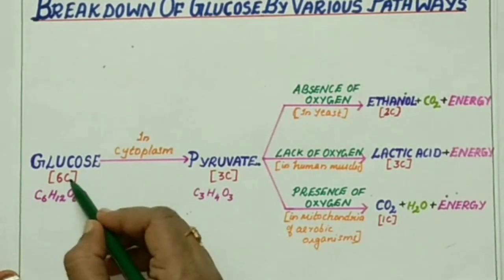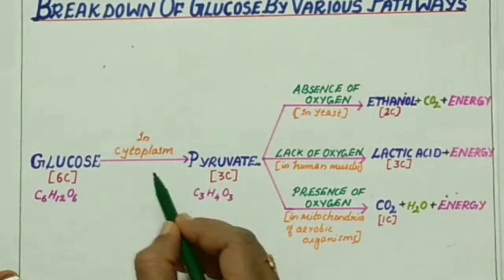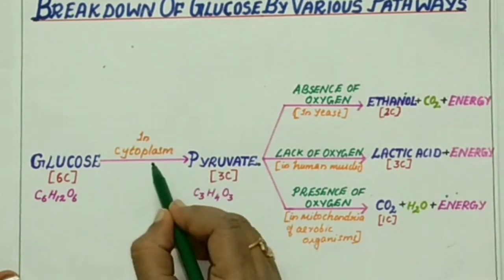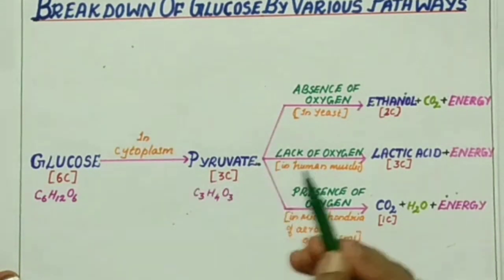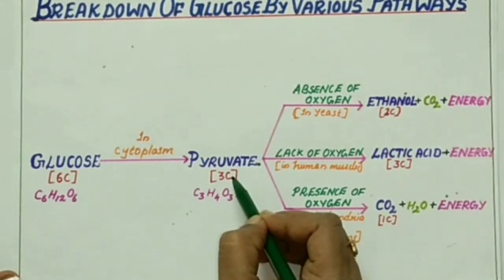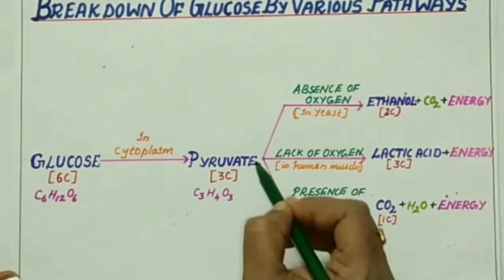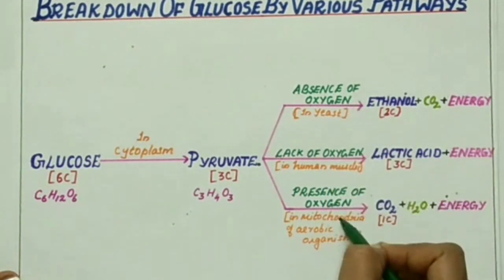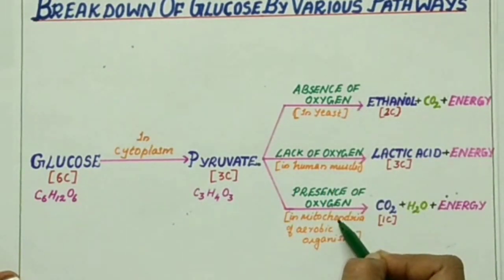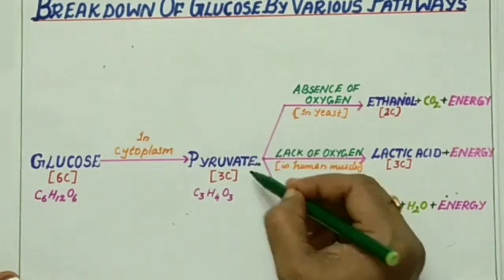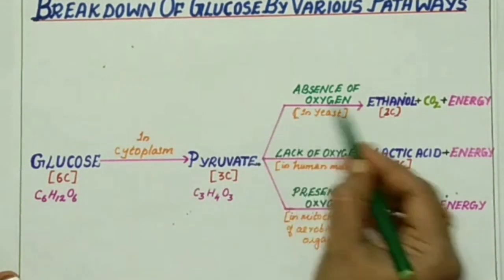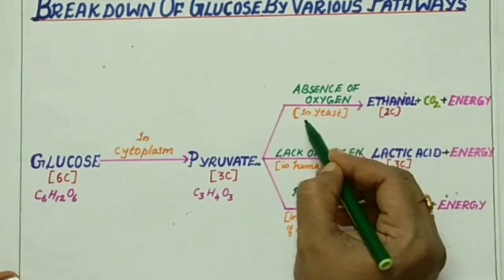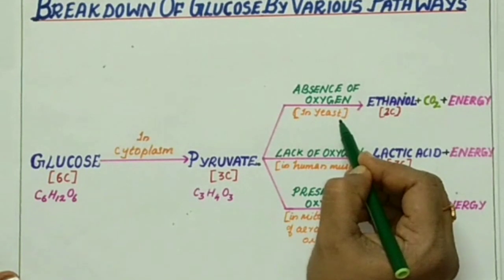The glucose molecule, which is a 6-carbon compound, breaks down into pyruvate, a 3-carbon compound, in the cytoplasm. And further breakdown of this pyruvate takes place in 3 pathways in different organisms. First, the pyruvate breaks down into ethanol in the absence of oxygen, and this takes place in yeast.